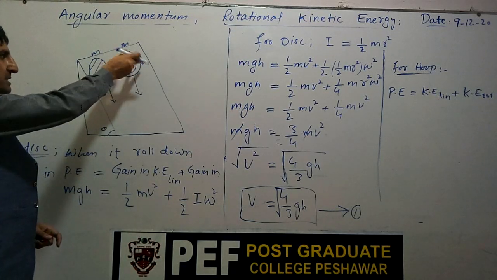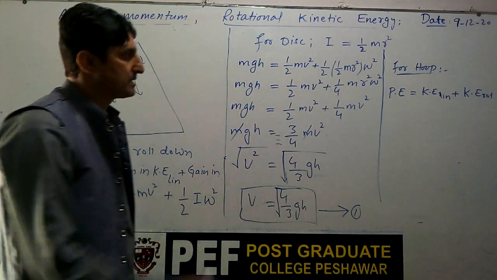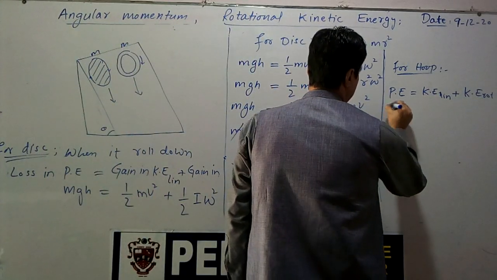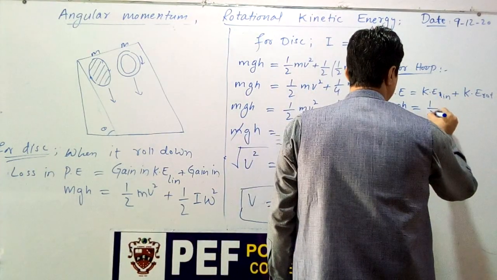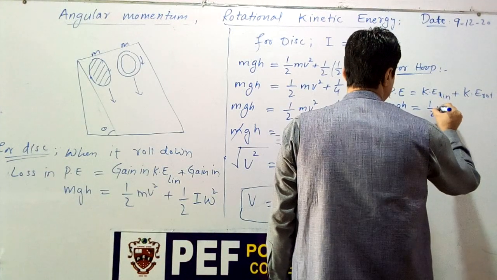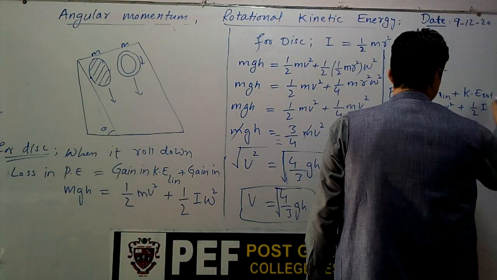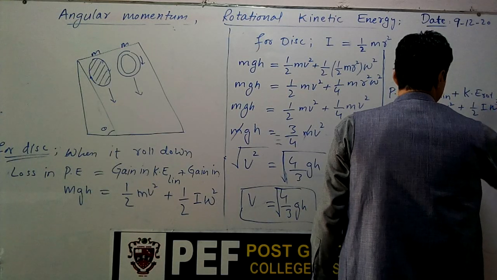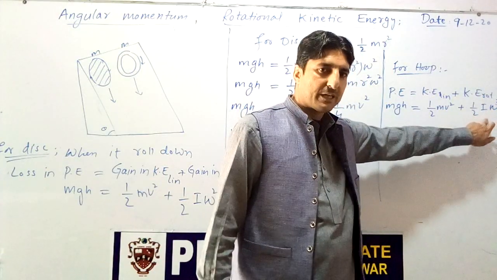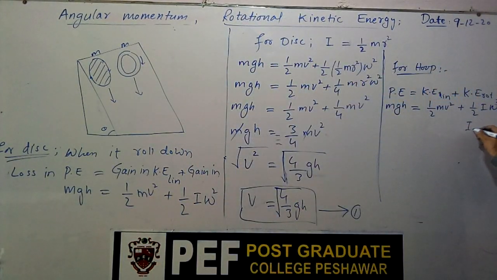One is its rotational energy and the other one is translational or linear kinetic energy. So PE is equal to mgh, which is equal to half mv square plus half I omega square. Now remember, moment of inertia for hoop is mr square.